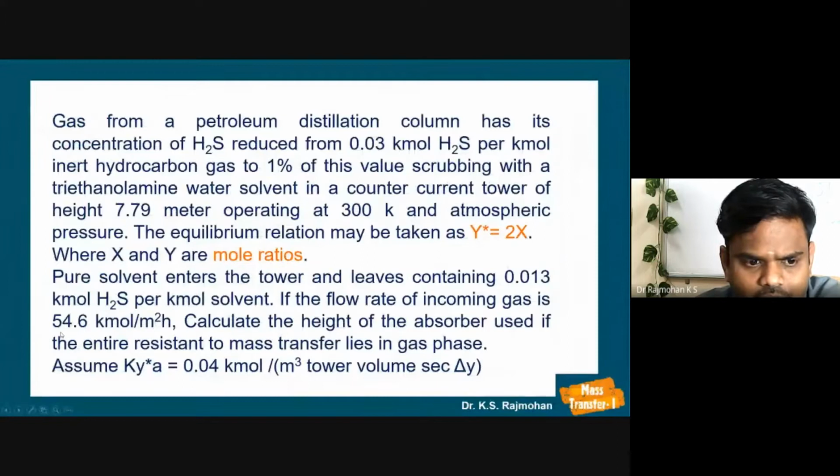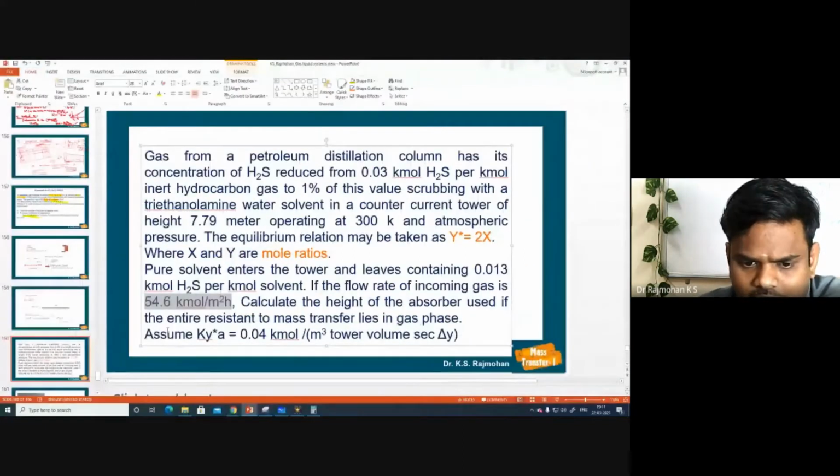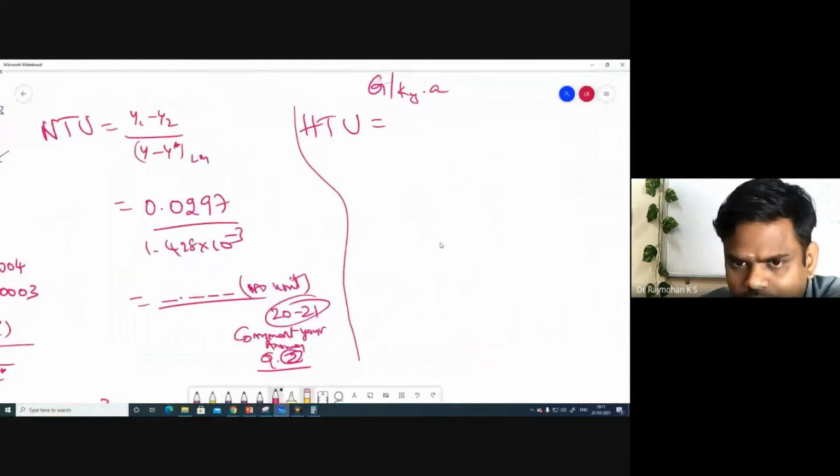It is given 54.6 kilomoles per meter square R is given. Okay, so that way we can substitute to get the HTU value also.